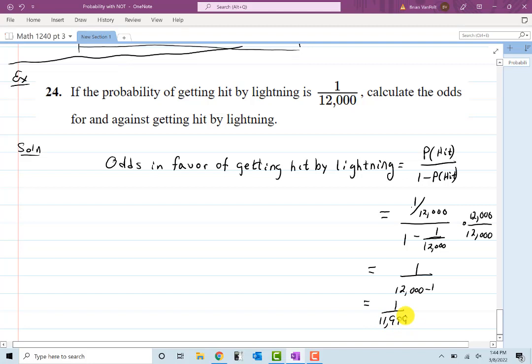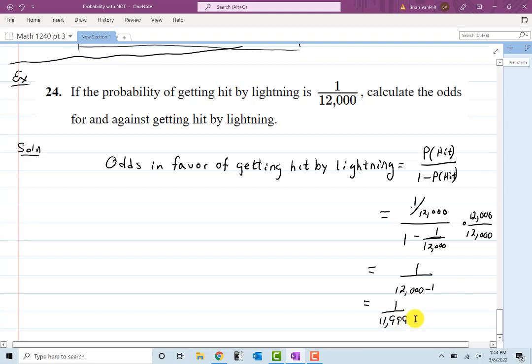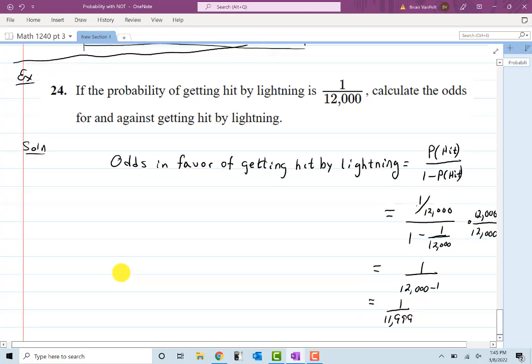The way you want to look at it is this way. If you're out on 12,000 consecutive stormy days where there's lightning, this is saying that 11,999 of those days you would not get hit. But on one of those days you would get hit. So of the 12,000 days, you have one bad day and the rest of the days are good.